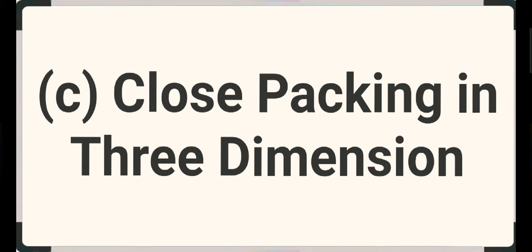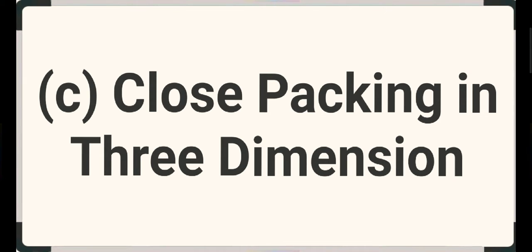So they can be obtained by stacking 2-dimensional layers on top of each other. But as discussed in section B, close packing in 2 dimensions, we observed two different types of 2-dimensional layers, square and hexagonal. So based on these two types of 2-dimensional layers, we have two different types of 3-dimensional close packings.